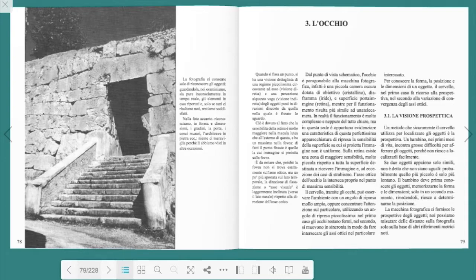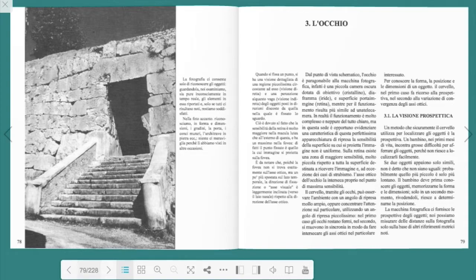In fact, the fixed point is the one whose image is projected onto the fovea. It should be noted that, since the fovea is not exactly on the optical axis, but is displaced a little on the temporal side, the direction of fixation or visual axis is slightly inclined towards the nasal side with respect to the direction of the optical axis.